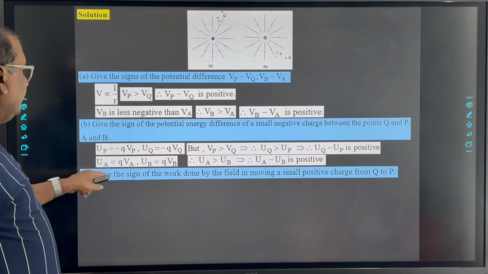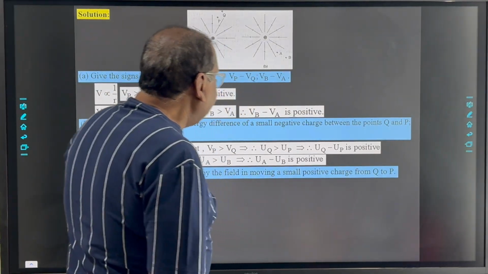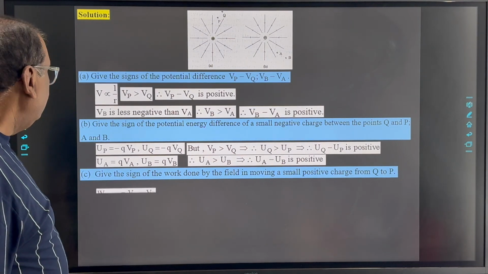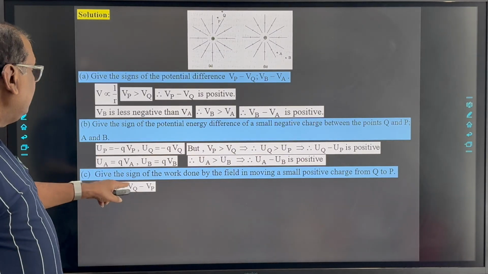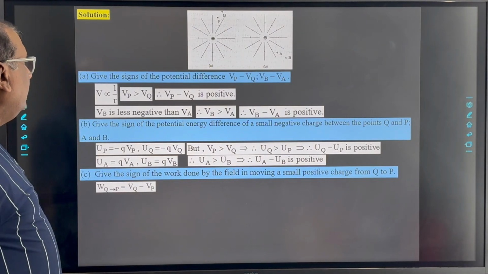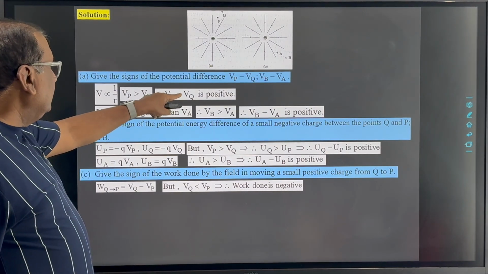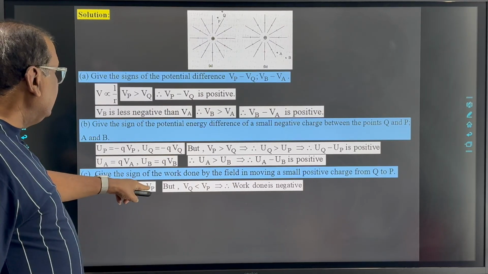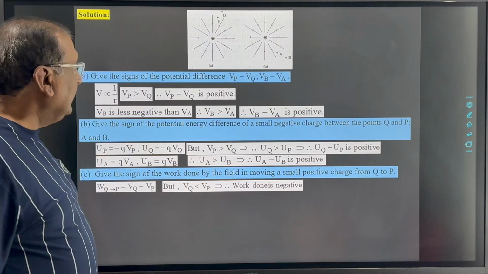Then see, give the sign of the work done by the field in moving a small positive charge from Q to P. So work done from Q to P is given by q times (Vq minus Vp). So here Vp minus Vq is positive, so Vq minus Vp will be negative, so work done is negative.